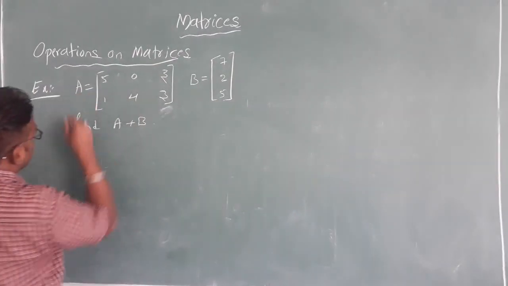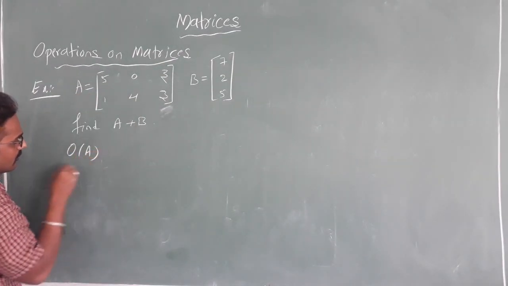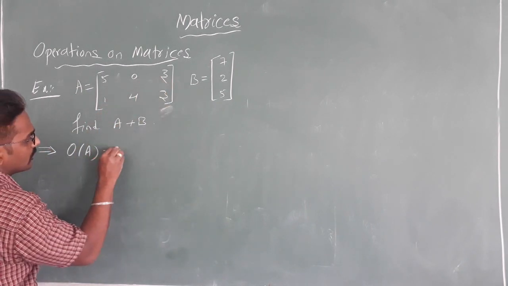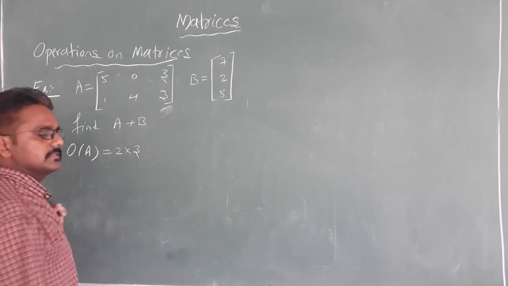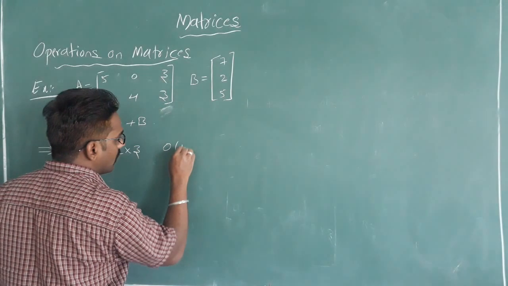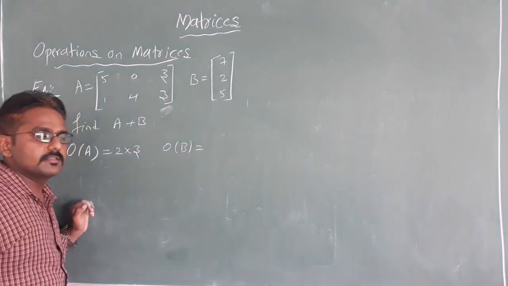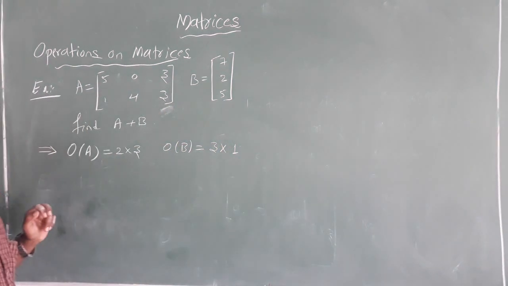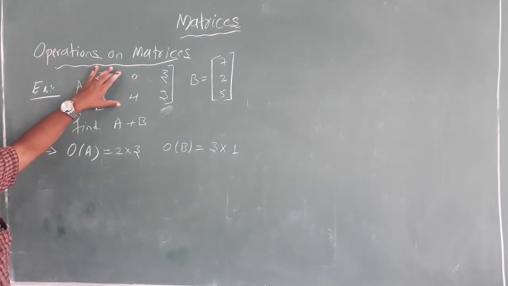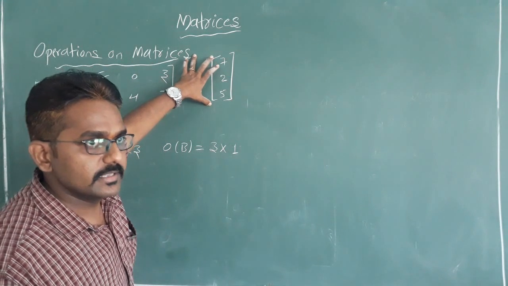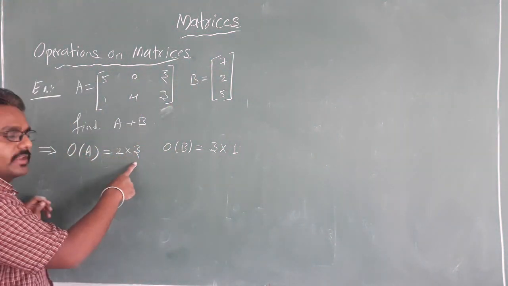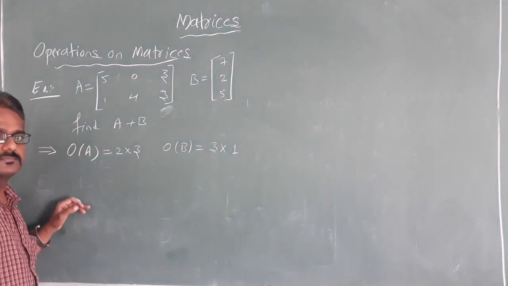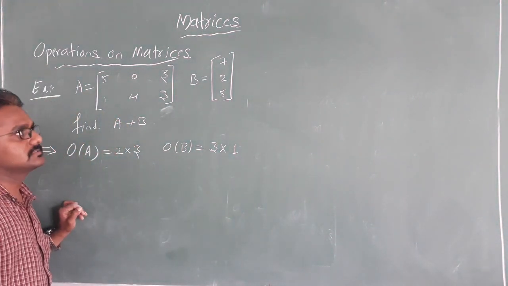Find the order of A. It is 2 by 3. Next, the order of B. What is that? 3 by 1. This is a rectangular matrix. B is a column matrix. A has 2 rows, 3 columns. B has 3 rows, only 1 column. We can't add the elements.